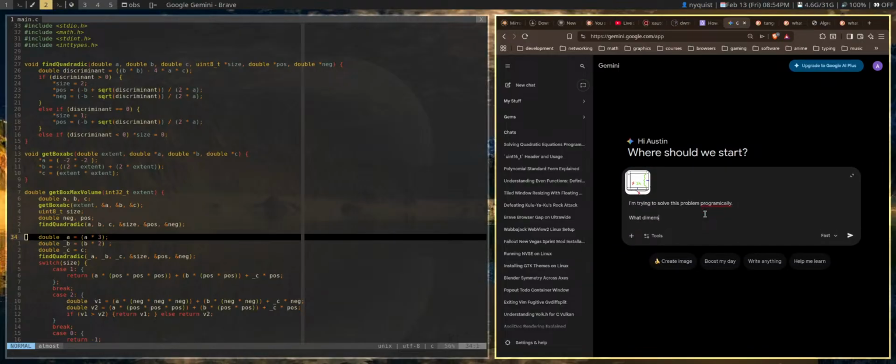What dimensions will produce a box with the maximum volume?